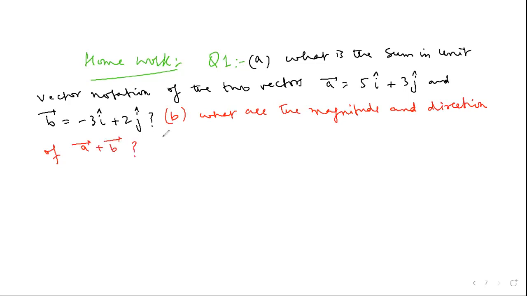I repeat the question. Part A is, what is the sum in unit vector notation of the two vectors A equal to 5i plus 3j and B equal to minus 3i plus 2j? Part B is, what are the magnitude and direction of A plus B? This is question 1.